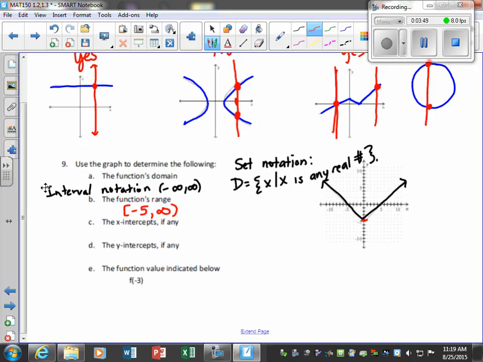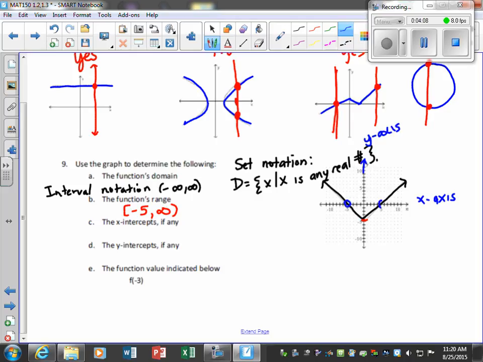Okay, the next thing we're going to recall is our x-intercepts. Remember that x-intercepts are where our graph crosses the x-axis. Because we're calling this our x-axis, I'm reminding you that this one is the y-axis.